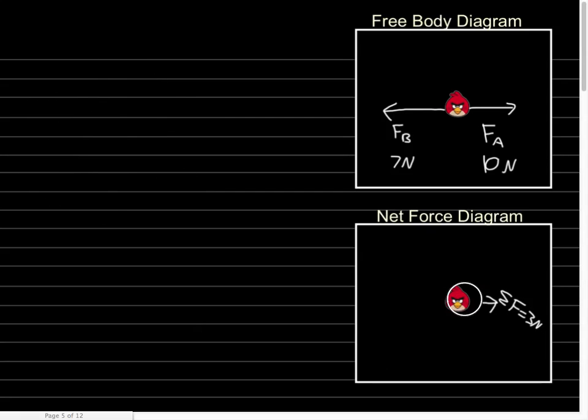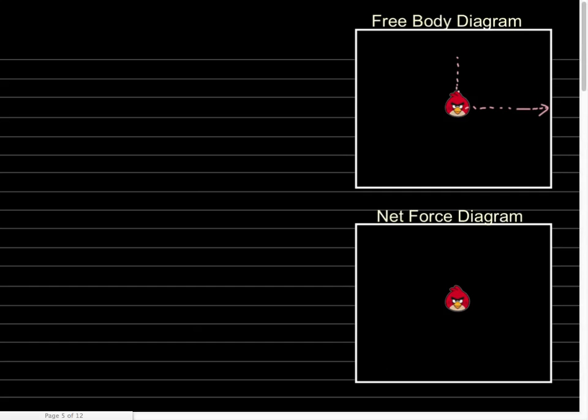The second concept you need to understand is that a force can be in two dimensions at the same time. And what I mean by that is we have an x dimension, which is parallel with the ground, and then a y dimension, which is vertical. So we have x, we have y. You can have a force that's straight to the right.